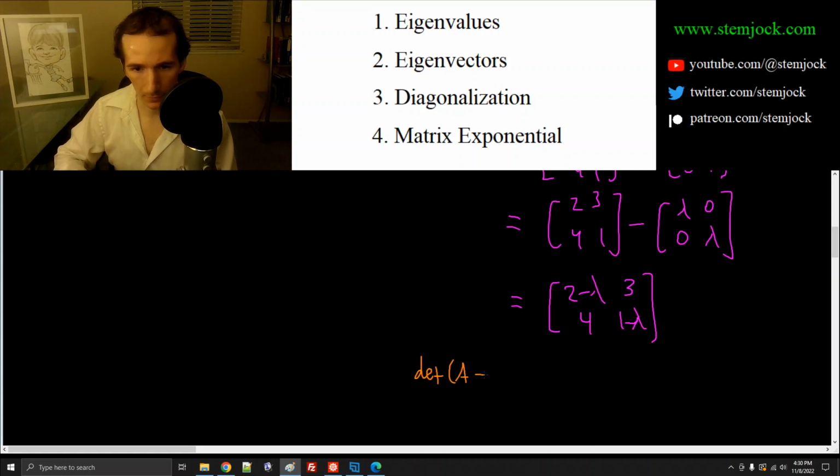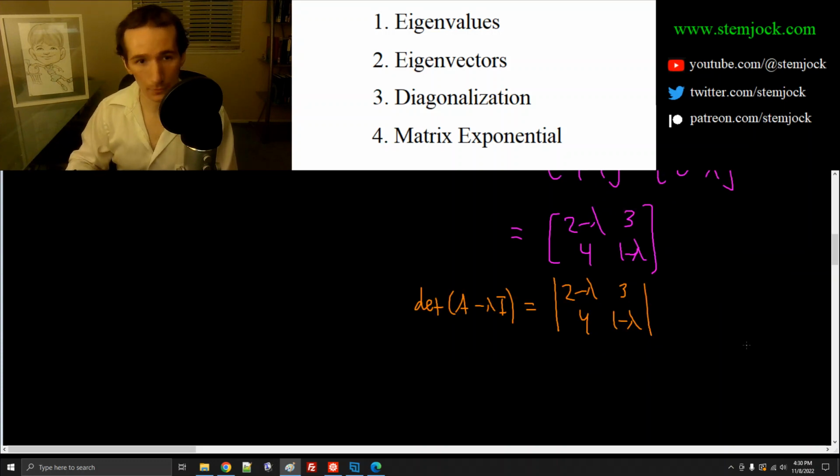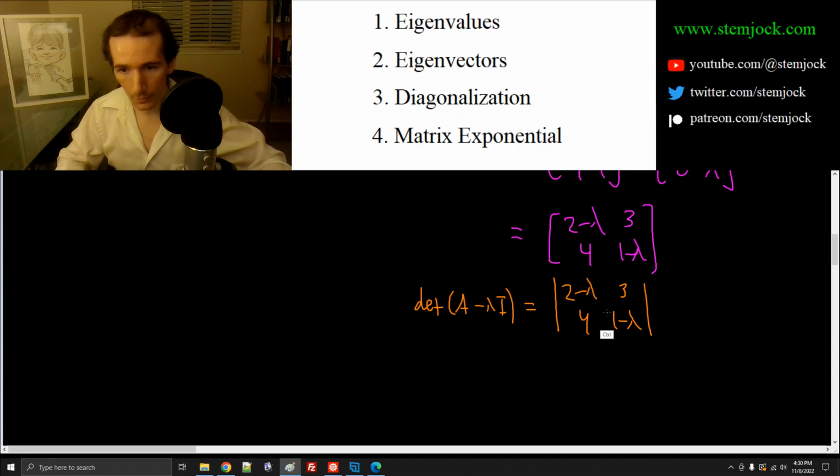The determinant of A minus lambda I equals the determinant of [2 minus lambda, 3; 4, 1 minus lambda]. Now for a 2 by 2 matrix specifically, I multiply these two diagonal terms and I subtract the product of these two terms. So this is equal to 0.